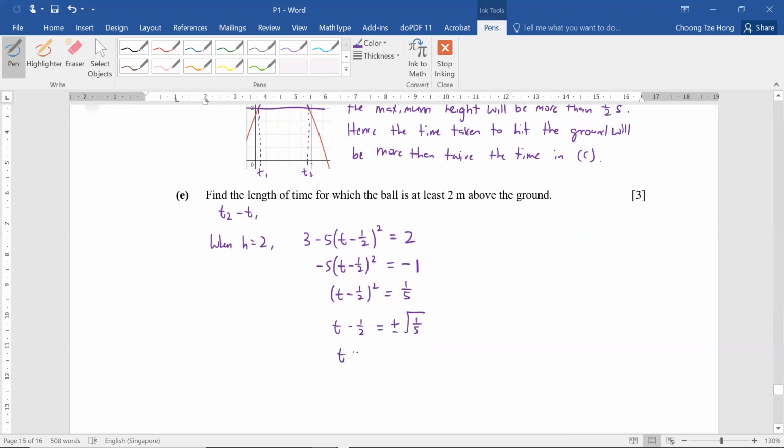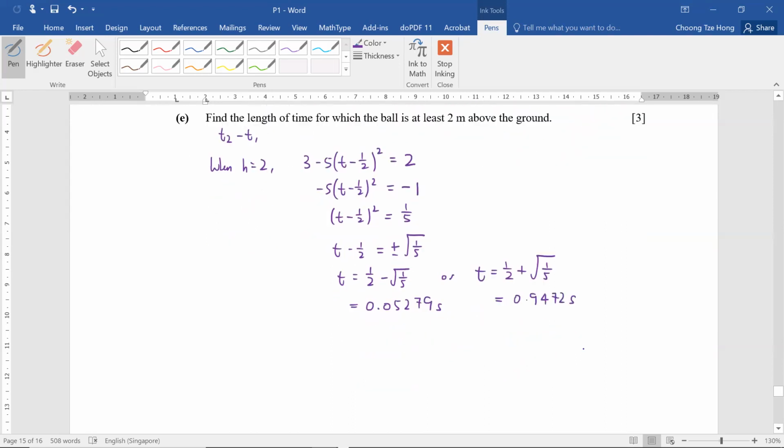So t will be equals to half minus square root of 1/5, which will be the smaller timing, or t will be equals to half plus square root of 1/5. The first one will get 0.05279 seconds, and from the second I'll get 0.9472 seconds. So we'll calculate the length of time.